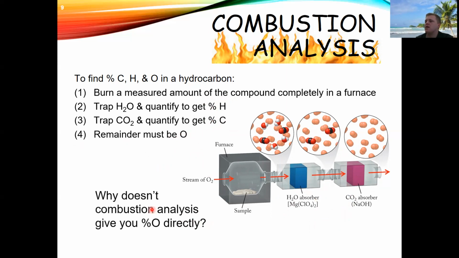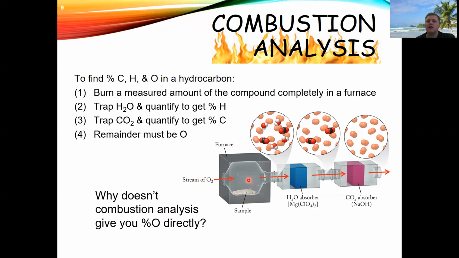Why can't we get the percent composition directly through combustion for oxygen? The answer is because we're pumping tons of oxygen in. So while our sample combusting might be producing oxygen in the form of water or in the form of O2 or CO2, it's going to be mingled in with tons of other oxygen being mixed in here.